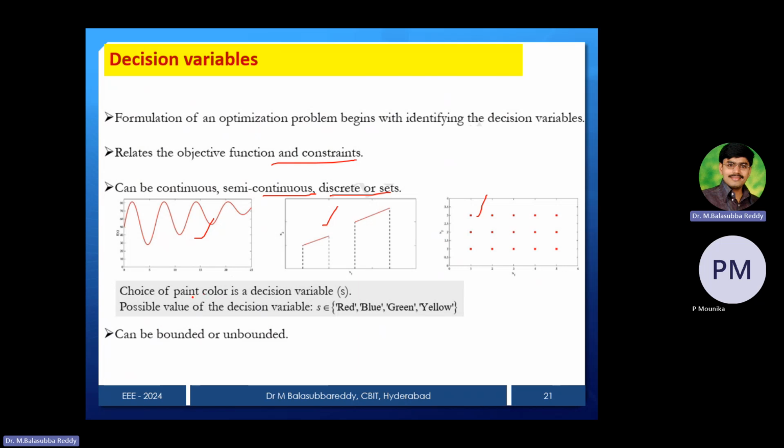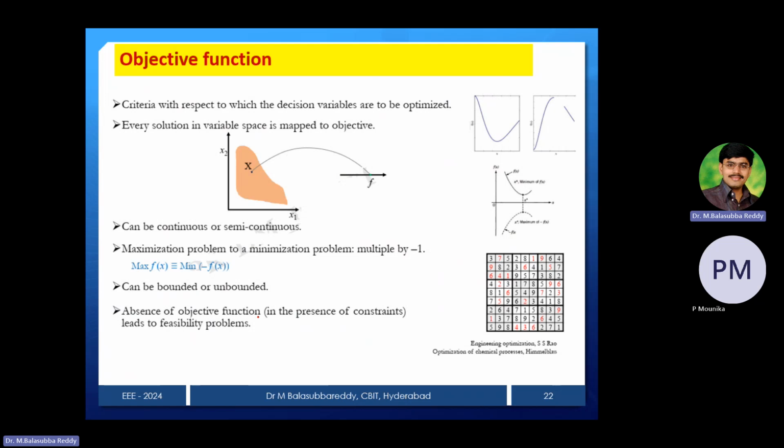Take choosing a paint color as a decision variable. The possible values of the decision variable, let us assume these are the colors, can be bounded or within a bound. Like that, we need to decide our decision variables. Similarly, an objective function is also required. The function may be a minimization function.